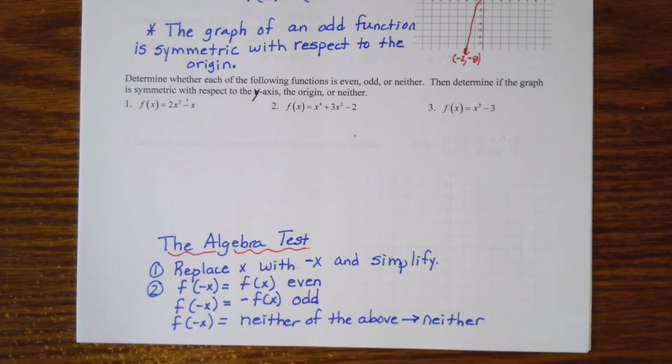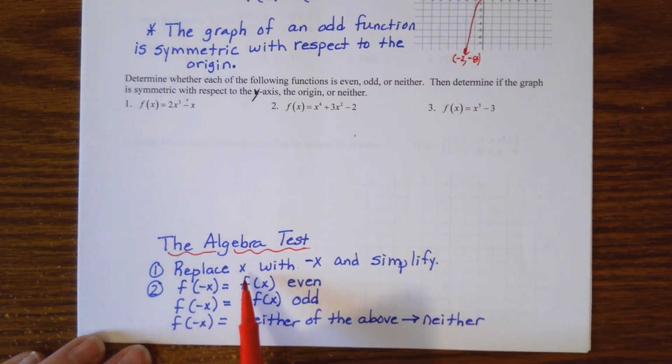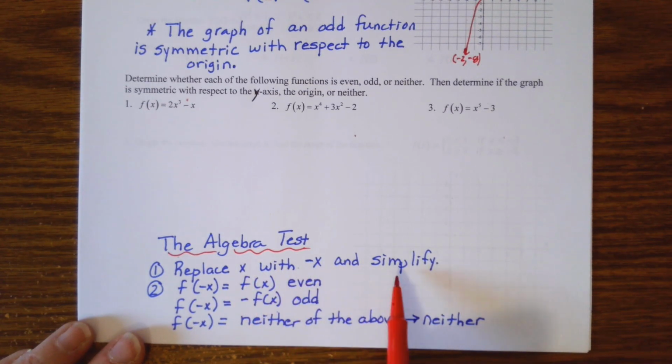So this is what we're going to use. We're going to replace an x value, and we can pick any x value, with negative x and simplify. Once it's simplified, we're going to look. When we put a negative x in, was it our original f of x? Now remember, these are y's, okay? When we put a negative x, was it an opposite of our answer? Or when we put in a negative x or an opposite x, it's neither.